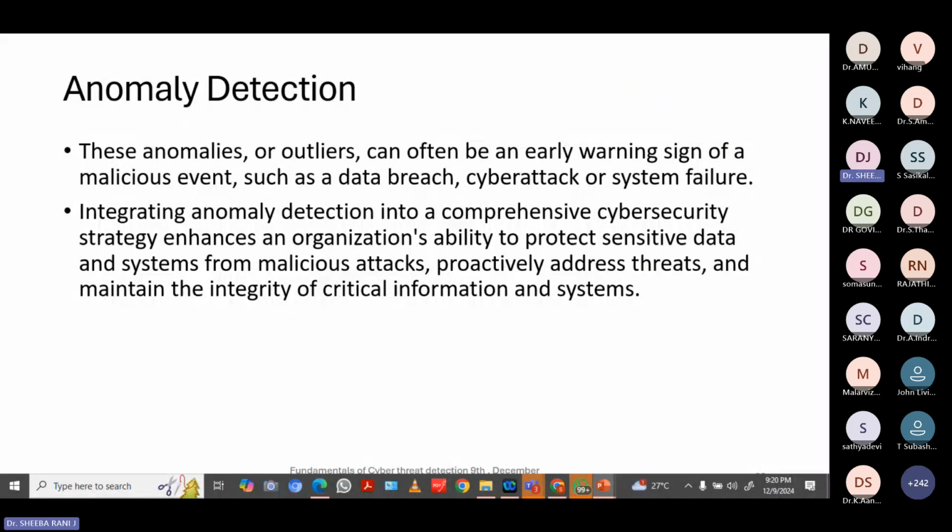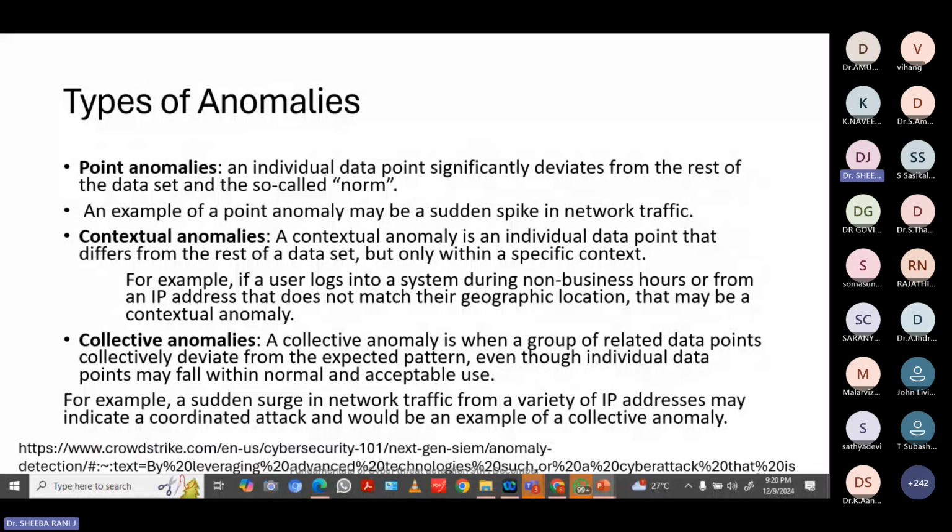There are different types of anomalies. I have taken this from this slide. Point anomalies: an individual data point significantly deviates from the rest of the data set, which is the norm. An example of a point anomaly may be a sudden spike in network traffic.